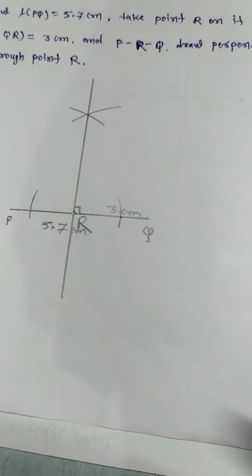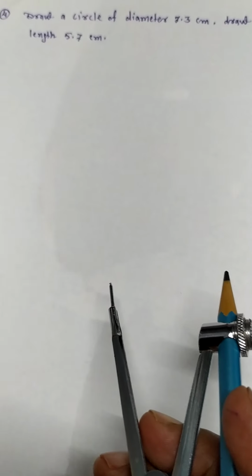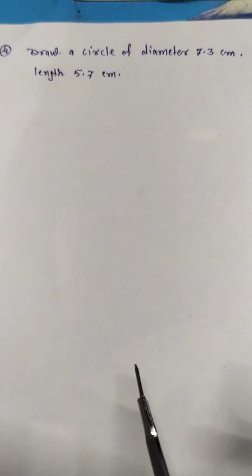Okay. Now the last example, that is example number 4: draw a circle of diameter 7.3 centimeter and then draw a chord XY of length 5.7. Now in this case the diameter is given. So when the diameter is given, we have to draw this circle.